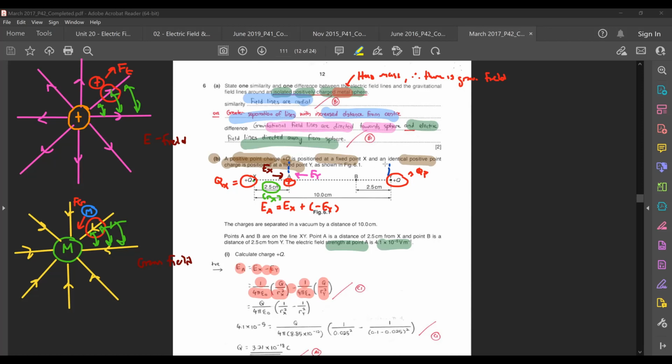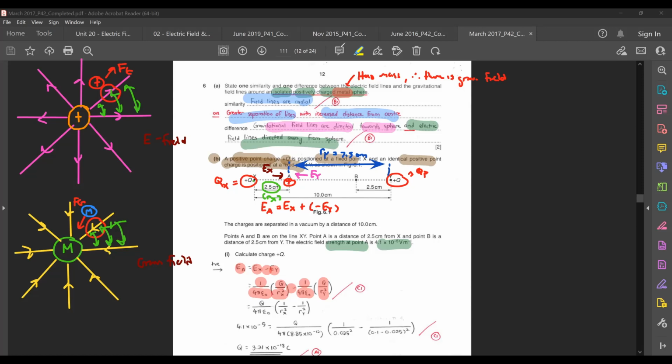Your Ry is actually this one, the distance between your main charge and your test charge. This one is actually your Ry, which by right would be 10 centimeter minus 2.5. Okay, so this one is 7.5 centimeter. Okay, so you have all those values there.